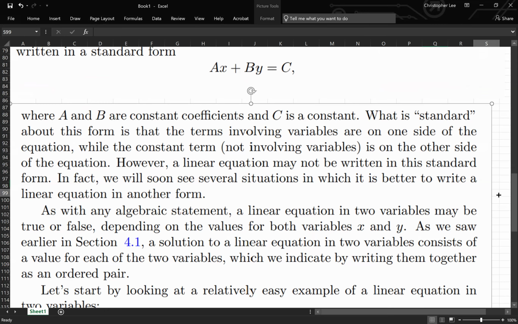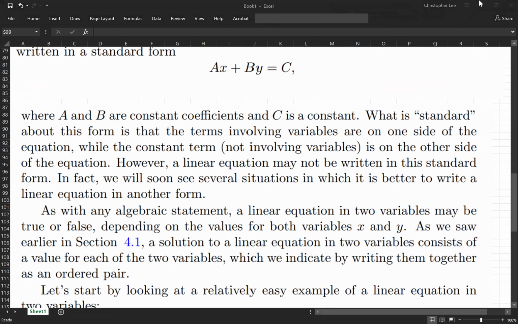All right. So written in standard form where A and B are constant coefficients and C is a constant. Let's try that again. What is standard about this form is that the terms involving variables are on one side of the equation, while the constant term not involving variables is on the other side of the equation.